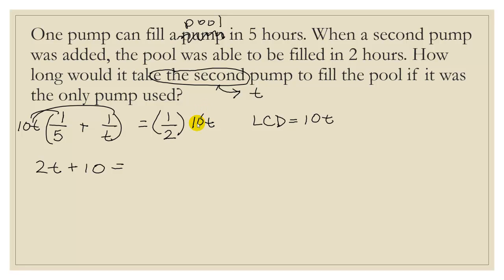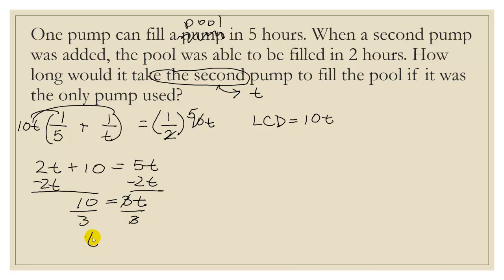And then on the right side, 10 divided by 2 is just 5, so we're left with 5T. Let's move the 2T over to the other side by subtraction, and we get 10 is equal to 3T. Divide both sides by 3, and you get that T is equal to 10/3, or 10/3 of an hour.